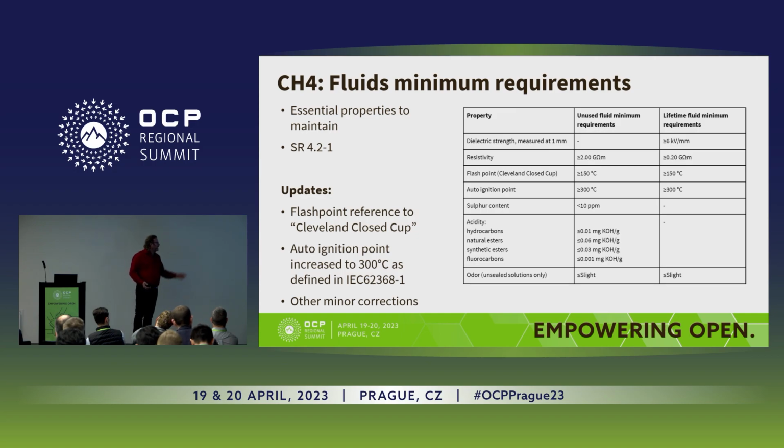The same thing for flash point and auto ignition point. We are still using the numbers that are provided by IEC for insulating fluids. Why is that? Because that is something that any fluid must meet in the industry. Are these values correct? Probably not.